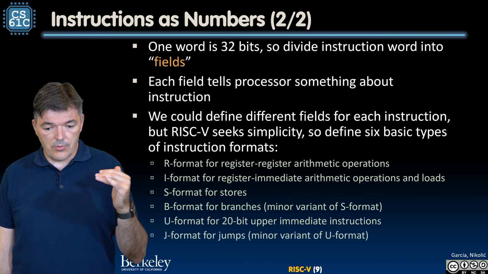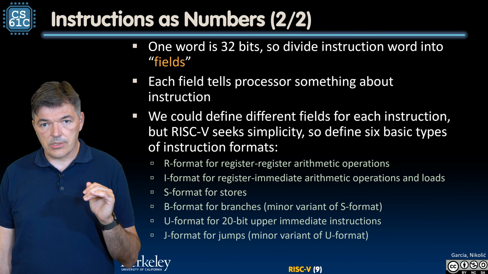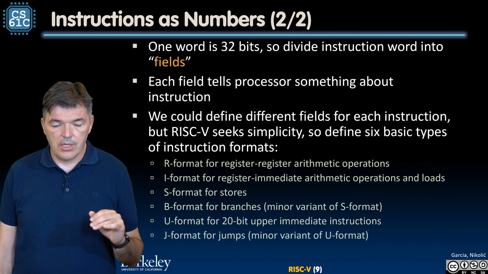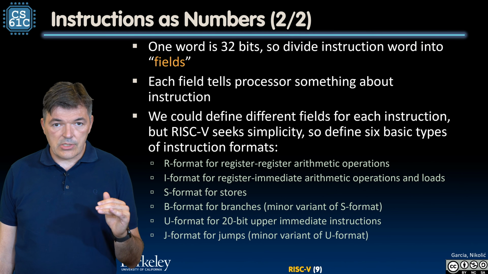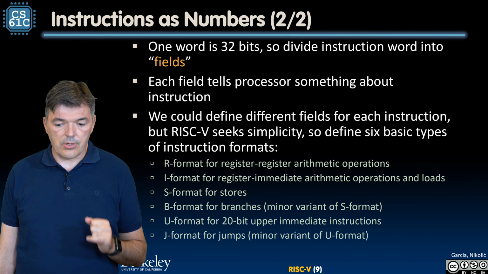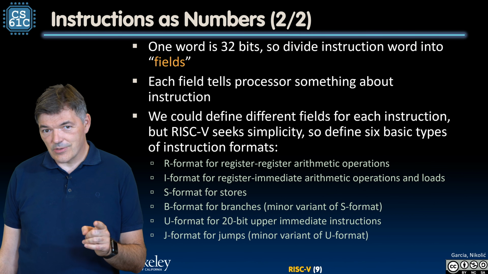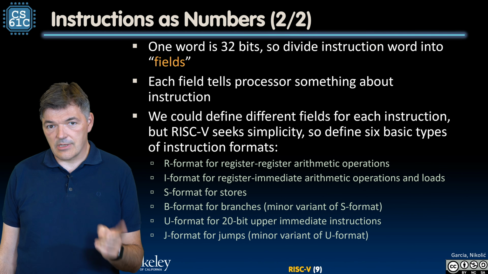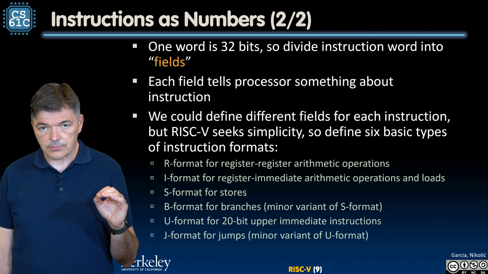For example, we're going to use something called the R format for register-to-register arithmetic and logic operations as well. We are going to use an I format for register-immediate arithmetic and logic operations, but also for loads. That may be a bit of a surprise, but load will have the same format as the immediates.